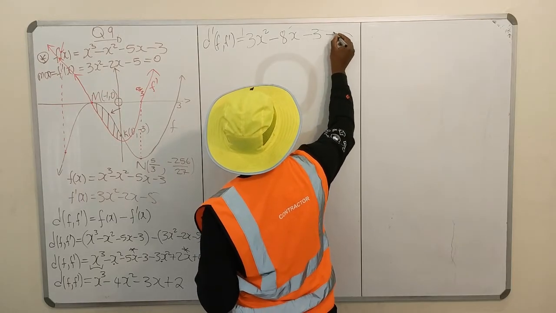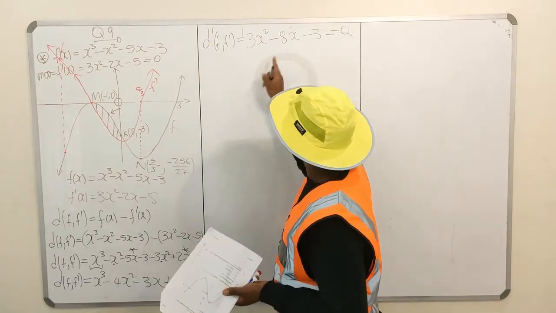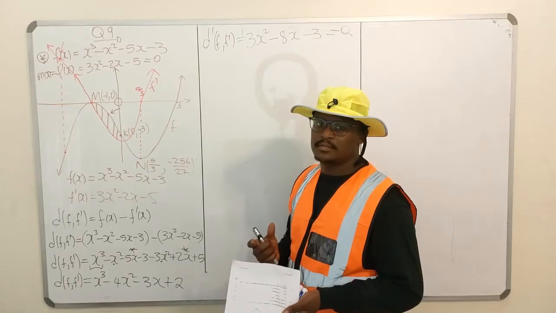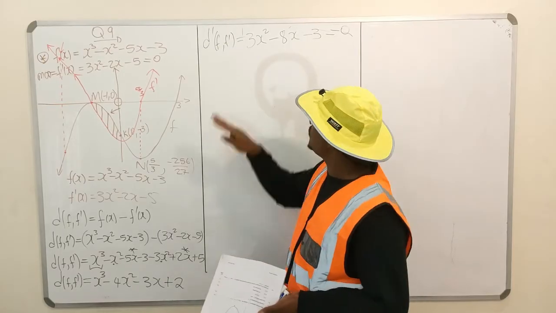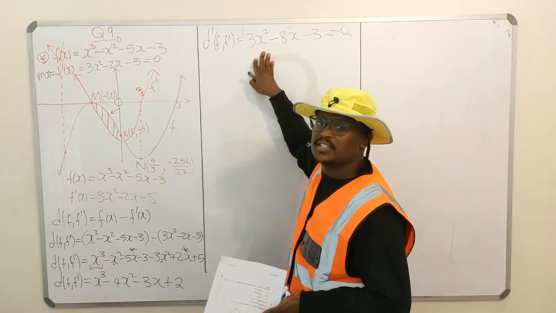Then what you do, equate it to 0 and solve for your x. So this will give you your x value where you get your maximum distance.